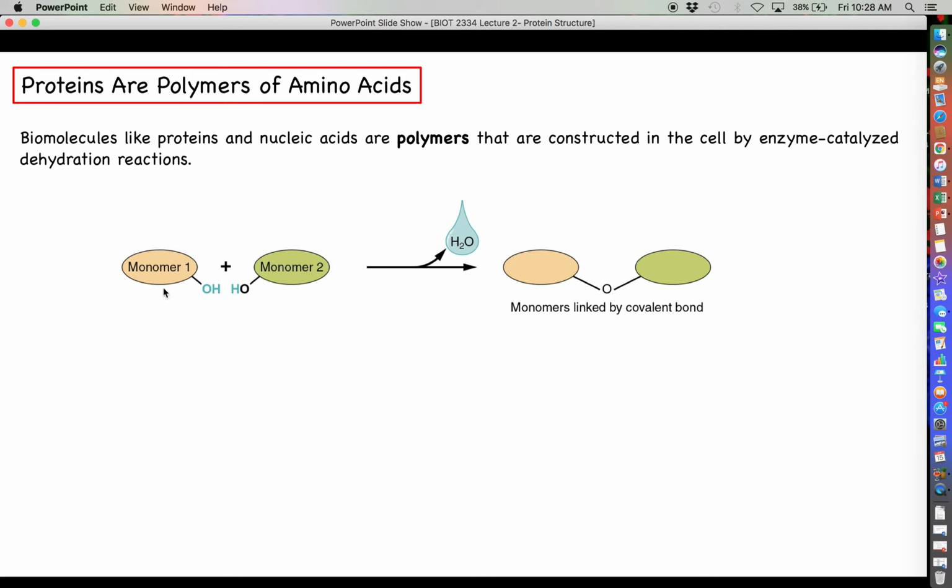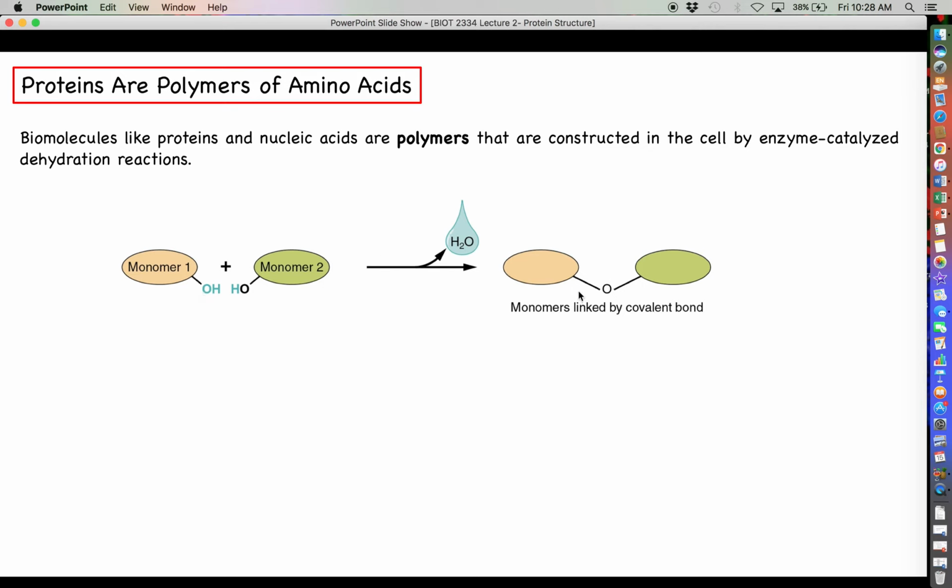So you have monomer number 1 here, monomer number 2 here, and the reason why we call this a dehydration reaction is because in the process of forging a covalent bond between the two monomers so that they're no longer separate, we lose an element of water. You'll notice that if you look at the two hydroxyl functional groups on each of the monomers, outlined in blue here, OH and H, well, that's H2O.